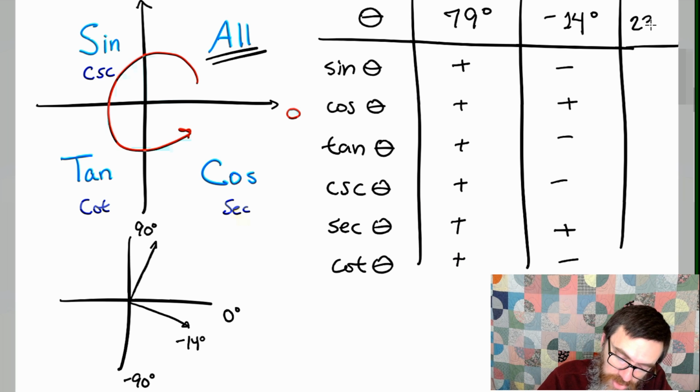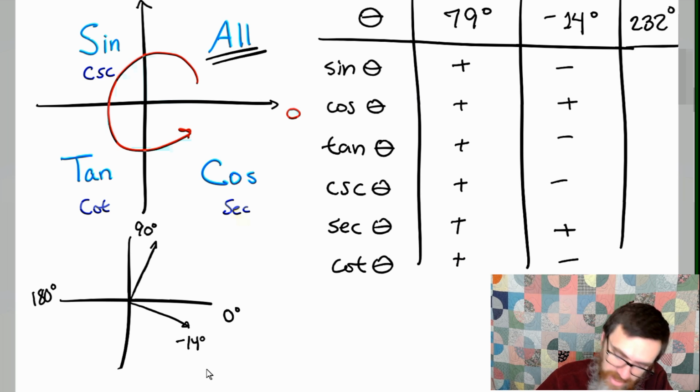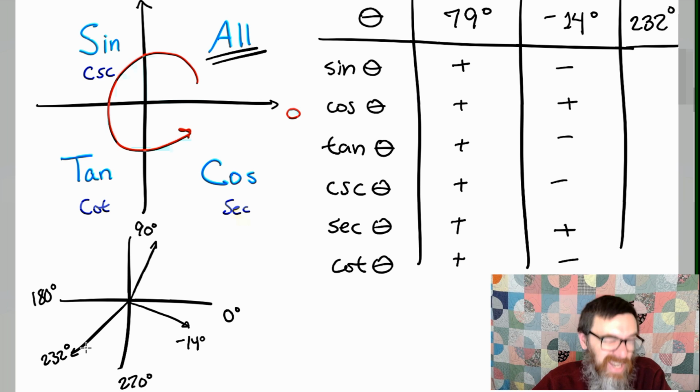This last one is 232 degrees. Let's see, where is that? So we have 0, 90, 180, and then this would be 270. So 232 degrees is somewhere around here. Again, I don't care exactly where it is.